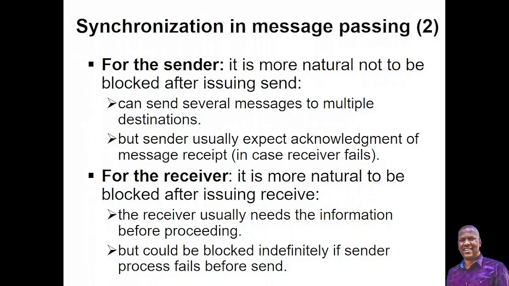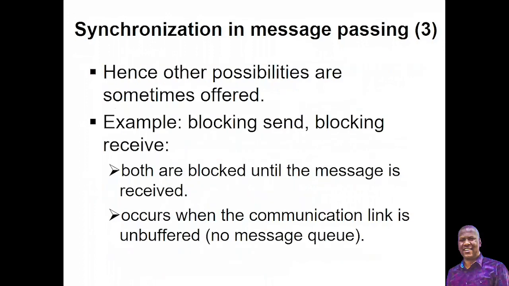For the receiver, it's more natural to be blocked after issuing the receive. This helps us understand how synchronous communication happens. The receiver usually needs the information before proceeding, but could be blocked indefinitely if the sender process fails before send.